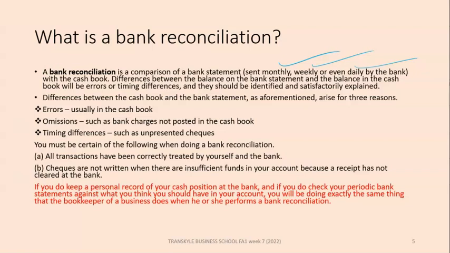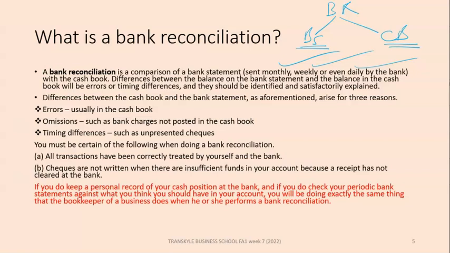So the bank reconciliation is the comparison between the bank statement and the cash book. The belief is that these two items should report the same figures, the same figure at the bank and in the cash book. But usually that's not going to happen.